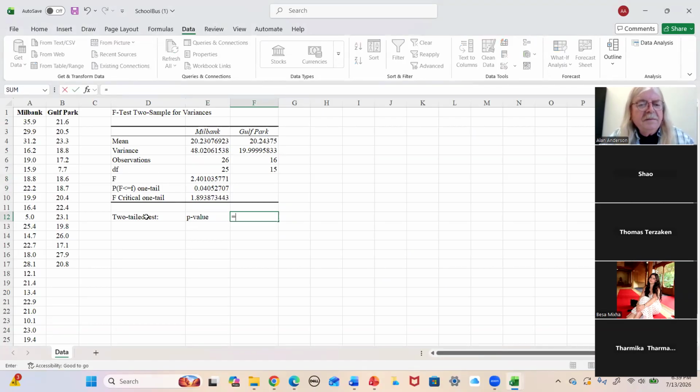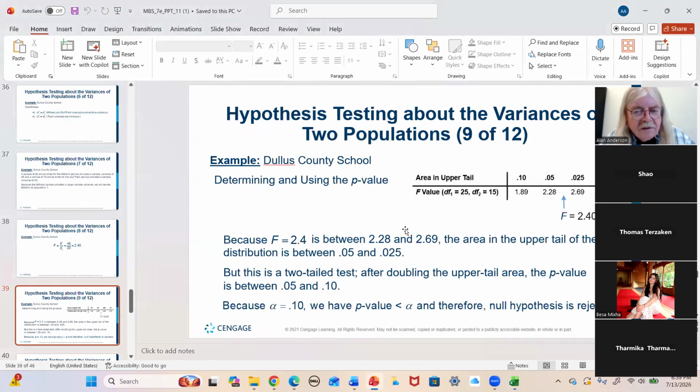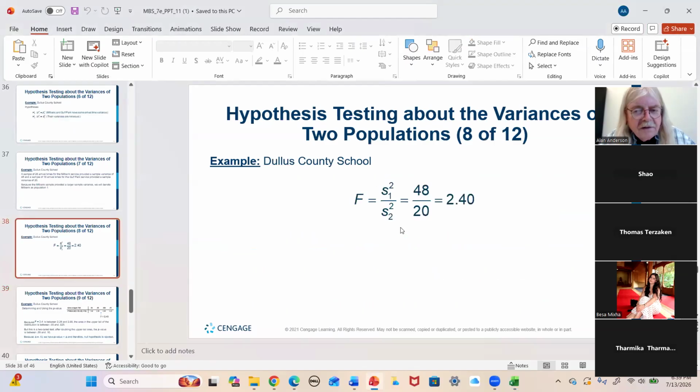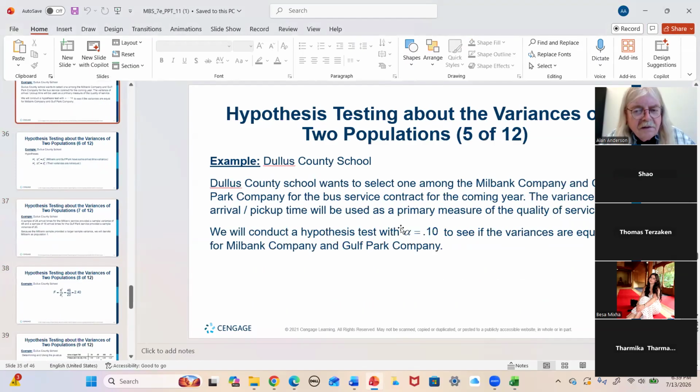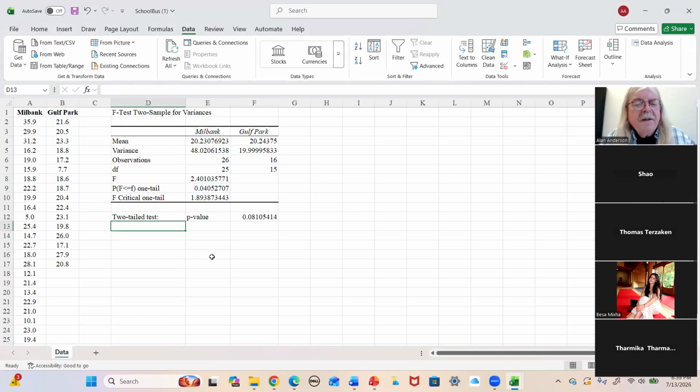So we're going to put 2 times this 0.04. But remember, alpha was 0.10. Right. Okay. So therefore, the p-value is less than alpha, and that's fine.